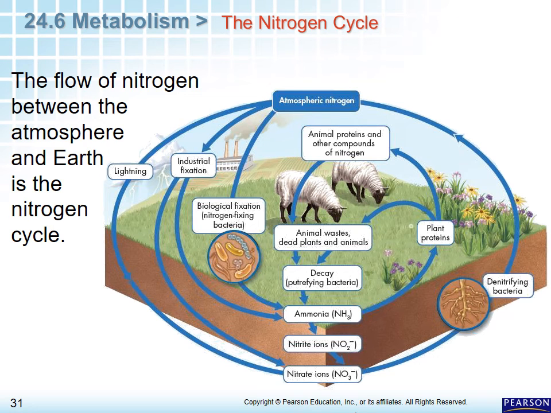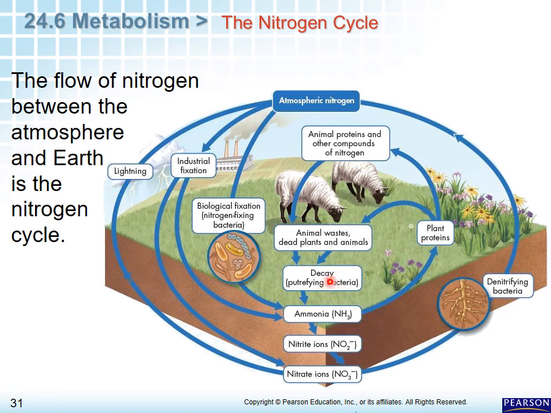Now this diagram represents the nitrogen cycle. You can see that biological fixation, or nitrogen fixing bacteria, are present there, and they can fix the atmospheric nitrogen into ammonia. Okay, this ammonia ion is going to be produced in the plants. Then plants are going to be eaten by animals. And then it comes back again with the animal waste or dead plants or animals.